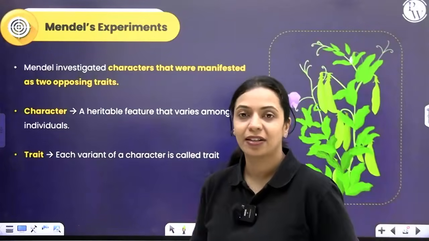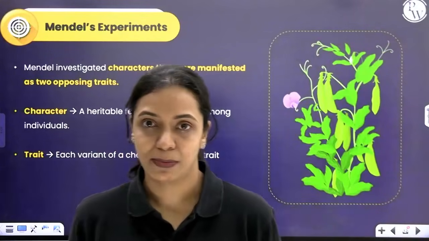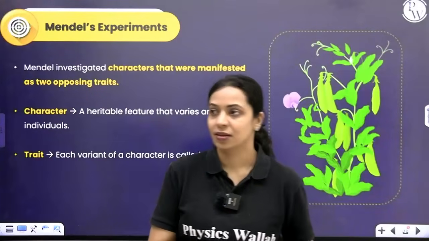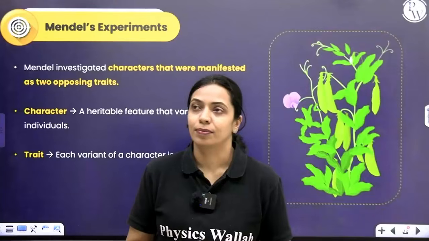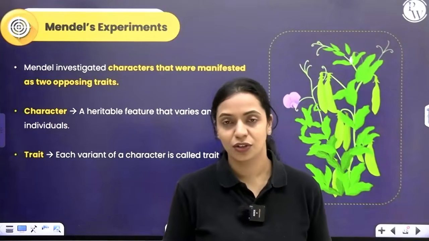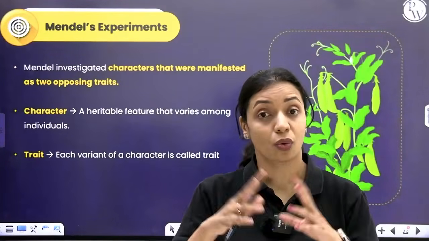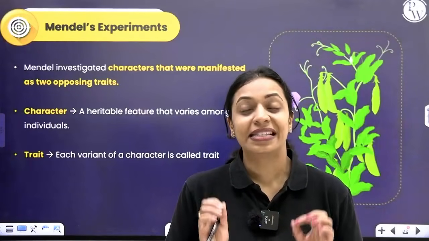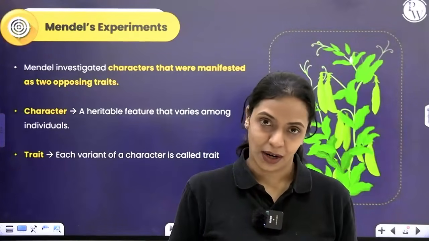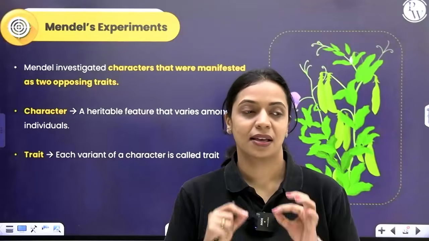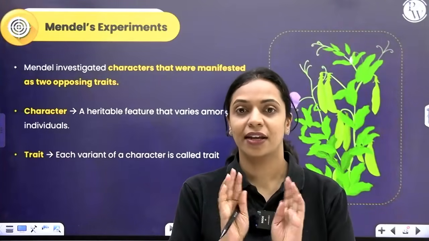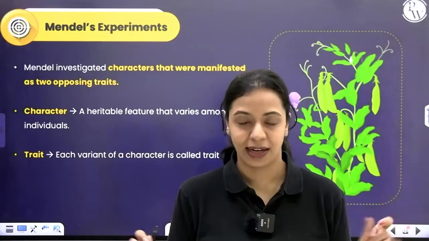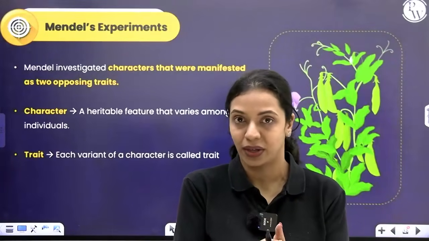So what did Mendel study here? There are many characters in a pea plant: the root system, the stem, the shape of the stem, the leaf, the position of the flower, the color of the seed, the color of the flower. There are so many characters on a pea plant. But Mendel chose 7 characters in a pea plant, and each of these characters existed in 2 contrasting forms. We call them traits. For example, flower color is one character.